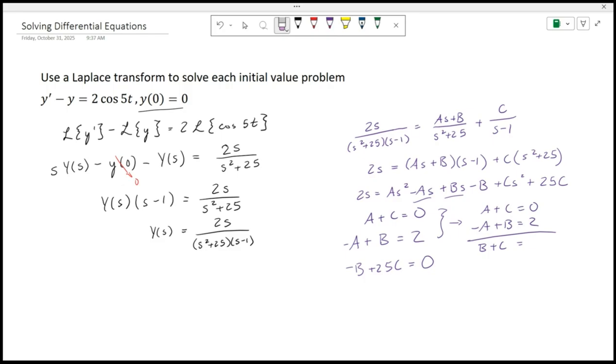Okay, and then if I add that to the third equation, I'll be able to cancel out the B's. So B plus C equals 2 minus B plus 25C equals 0.